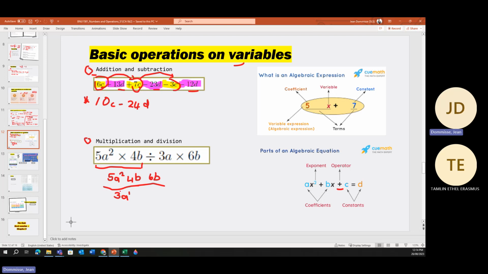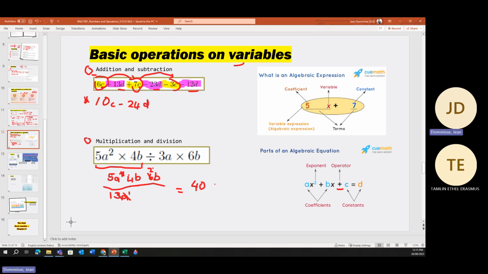There's a to the power of 1 that goes into there once, so the 1 is left. 3 goes into 3 once, 3 goes into 6 twice. So then our answer that we're sitting with is 5 times 4, which is 20, times 2 is 40.